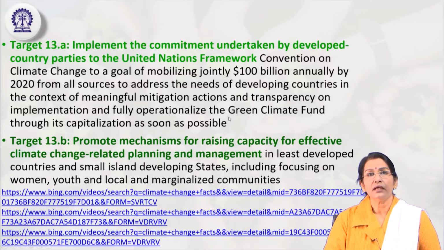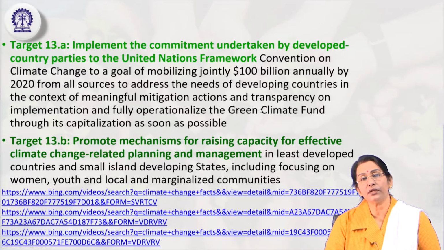Again, whatever Green Climate Fund is there in the United Nations, it is the responsibility of the developed countries to distribute it and help the underdeveloped or developing countries in facilitating infrastructure for installing renewable energy.